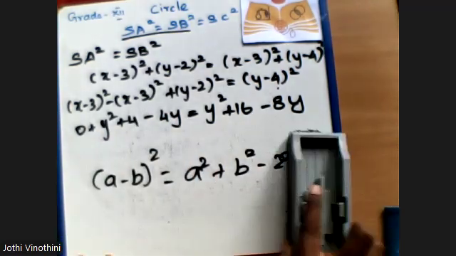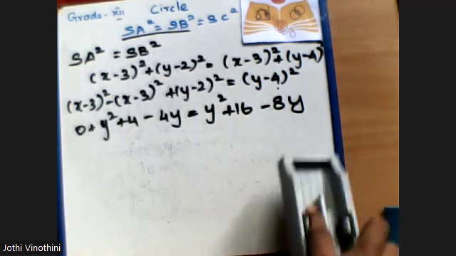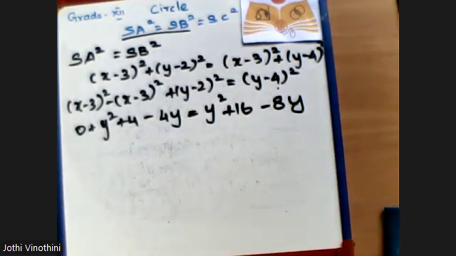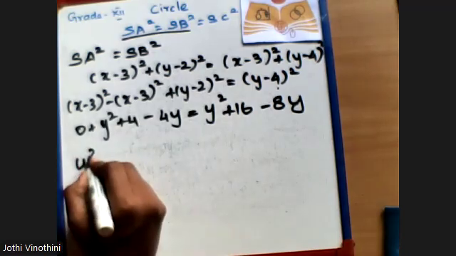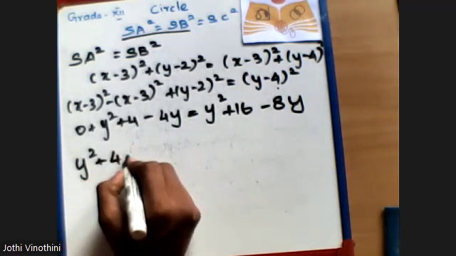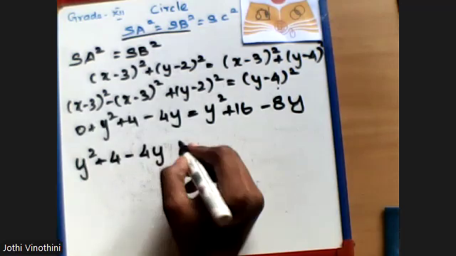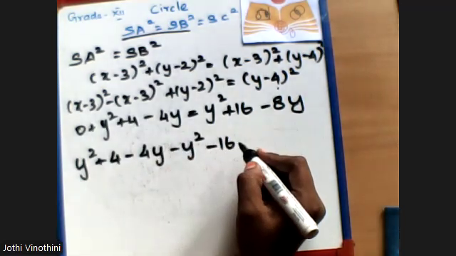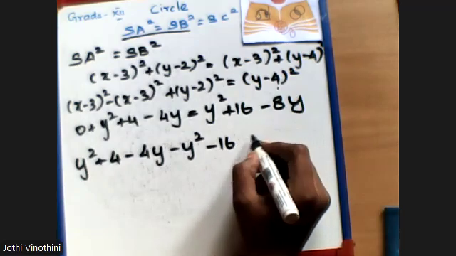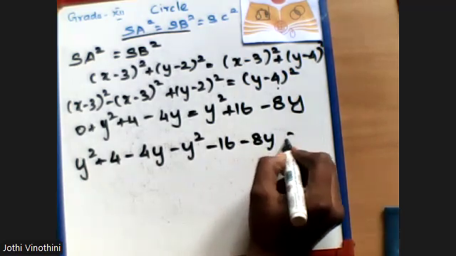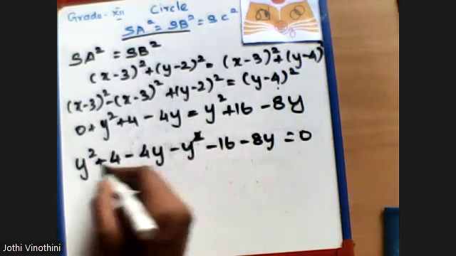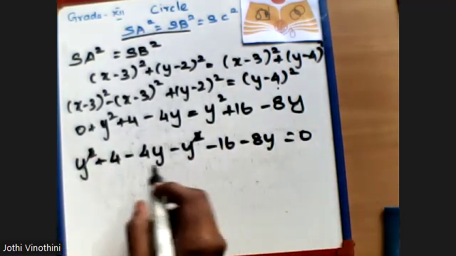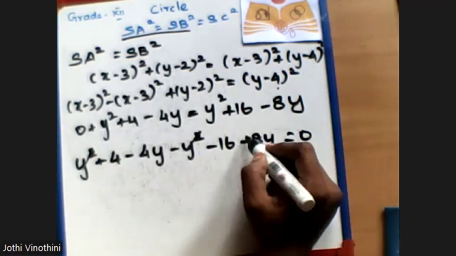So, to make this an equation, I'm going to move this side to the other side. What we have: y squared plus 4 minus 4y minus y squared minus 16, so minus 8y equals 0. So y squared minus y squared gets cancelled. So it will be plus 8y.